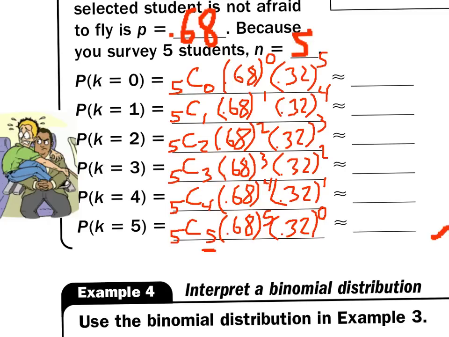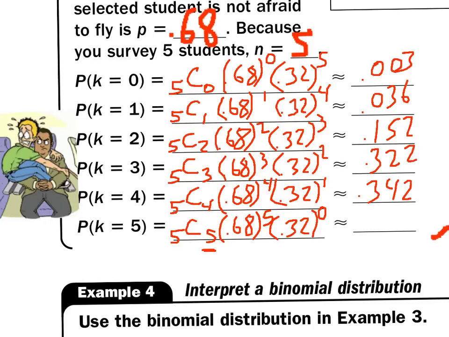Alright. Now I throw all of that in my calculator, and on this one I got 0.003, and this one I got 0.036, and 0.152, and 0.322, 0.342, and 0.145. Okay?